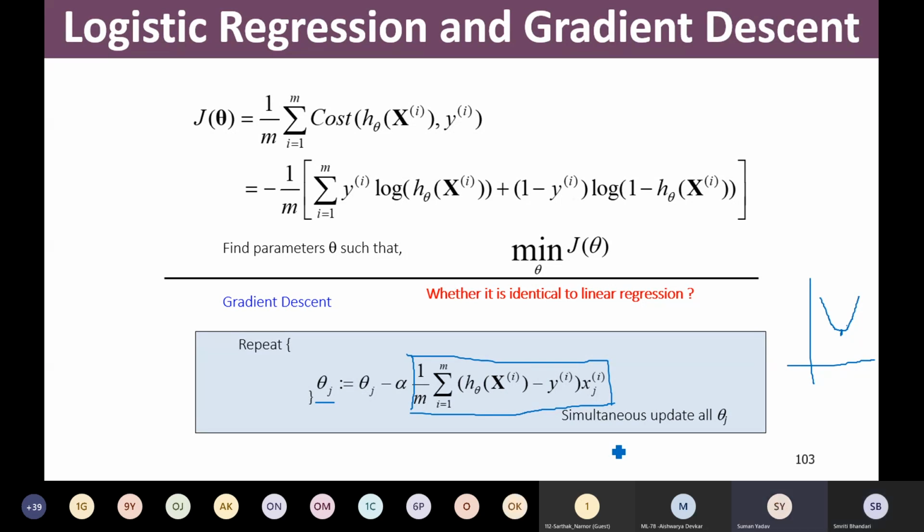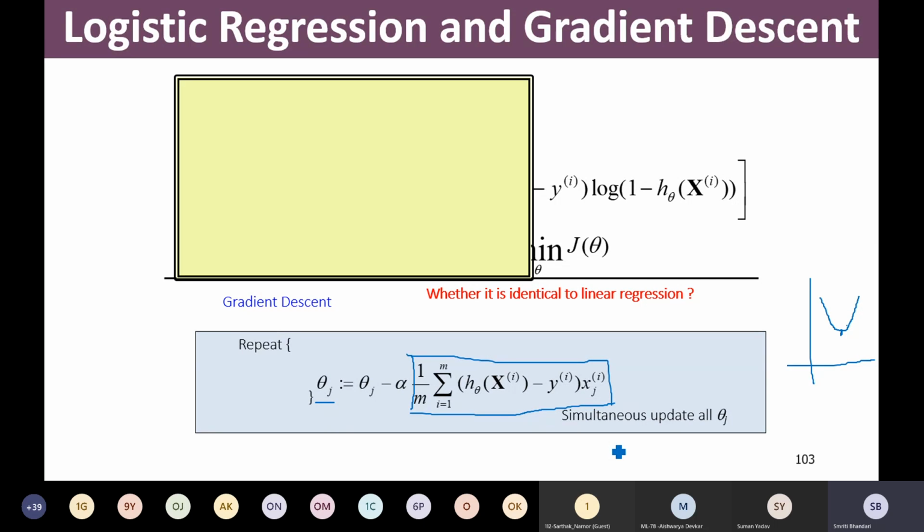Ma'am, in linear regression, the function was continuous, and in this, it's a probability that lies between 0 and 1 only, so it won't be a similar type. Okay, so I agree that even though this term looks the same, we do not say that linear regression and logistic regression are identical. The reason is the hypothesis that we have.